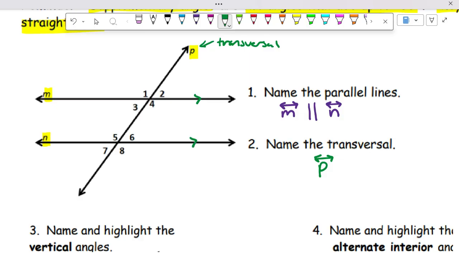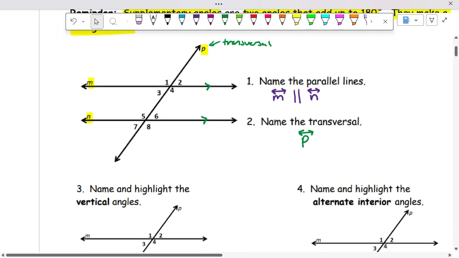Remember, these arrow ticks are how we signify parallel sides or lines on geometric pictures. So this is the symbol for parallel when you're writing out what's parallel. This is the symbol for parallel when you're actually putting it on the picture. And remember, it's a matching game just like with the congruency ticks.